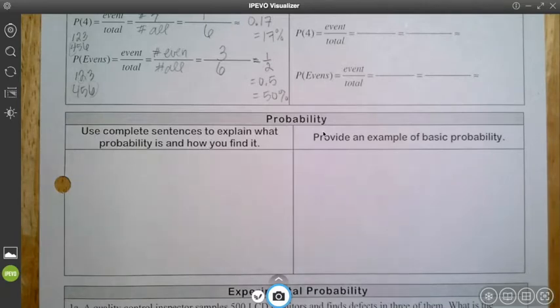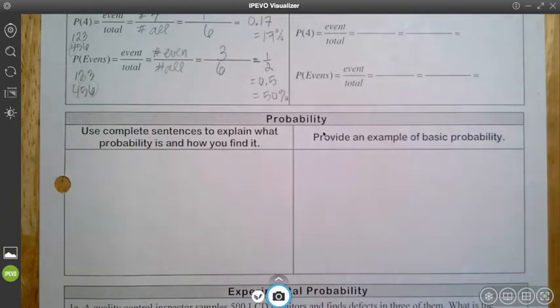I'd like you to come up with your own understanding of what probability is and an example of how to calculate basic probability. You can do an example using a die or a coin, but you could do something else.